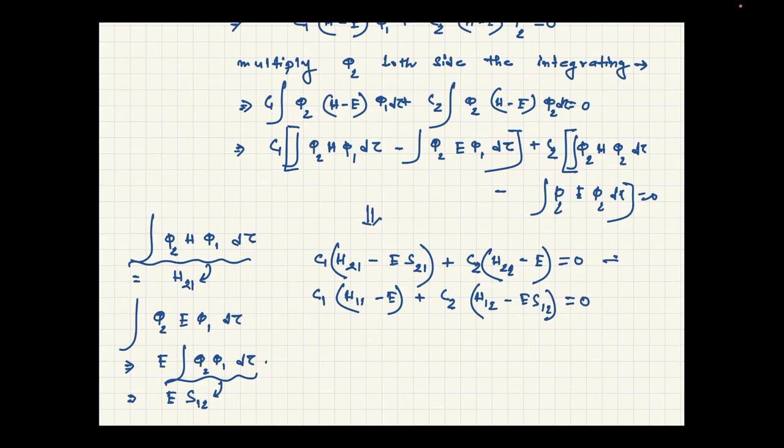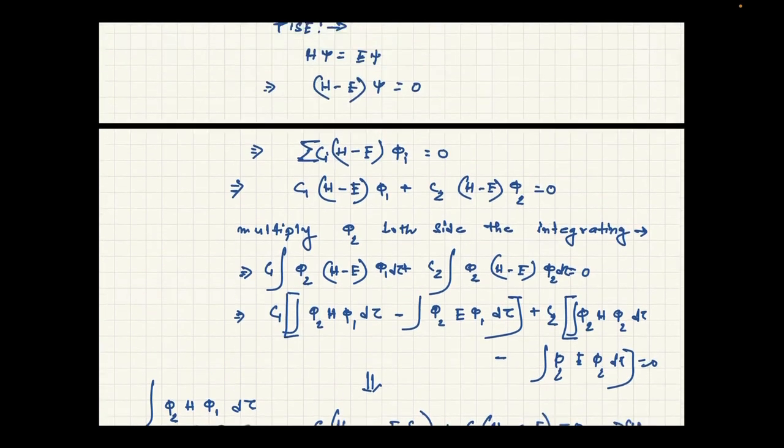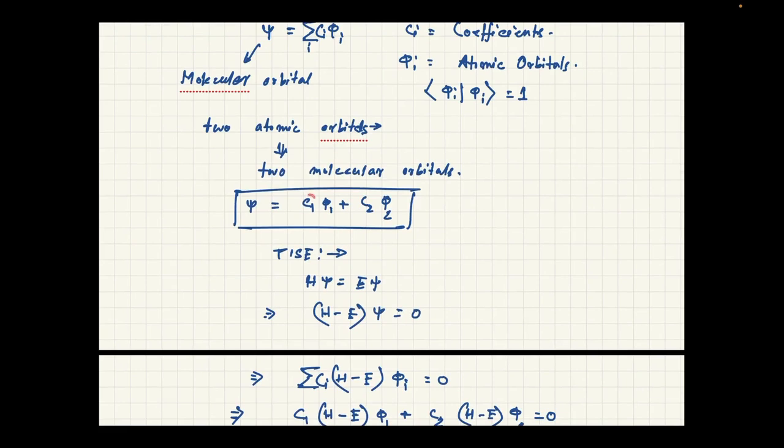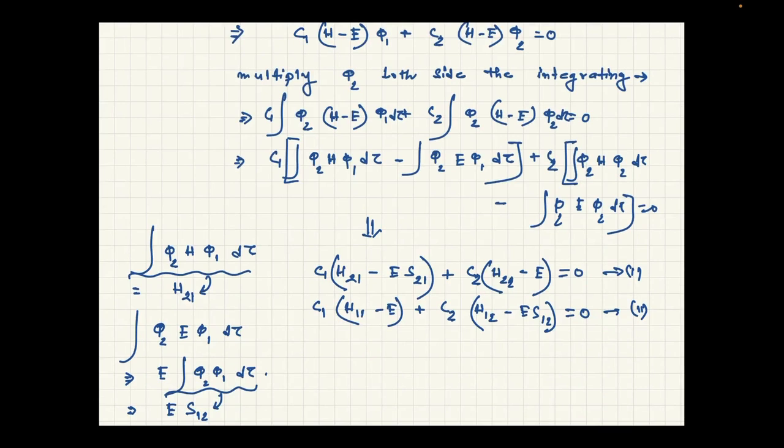These two equations you will get, and from these two equations you can get the values of c1 and c2. Then you can put the values of c1 and c2 here, and you will get two molecular orbitals. So by solving the secular equation, you will get the particular functional form of the molecular orbital.